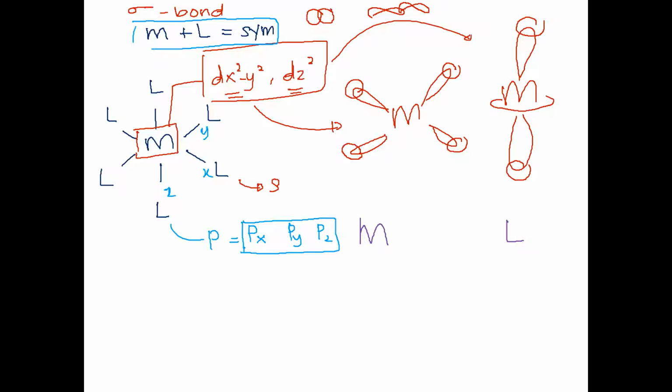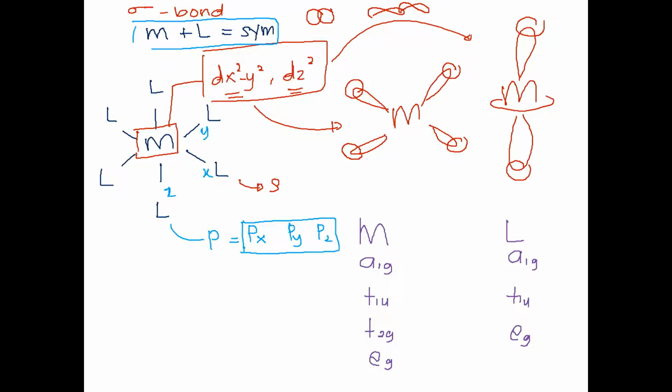Your atomic orbitals for your metals might have A1G, T1U, T2G, and EG, whereas your ligands can have A1G corresponding to the s orbital, T1U and EG. So these are the ligand orbital symmetries, and these are the metal orbital symmetries.